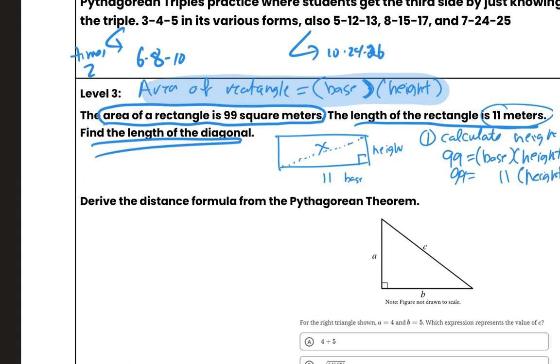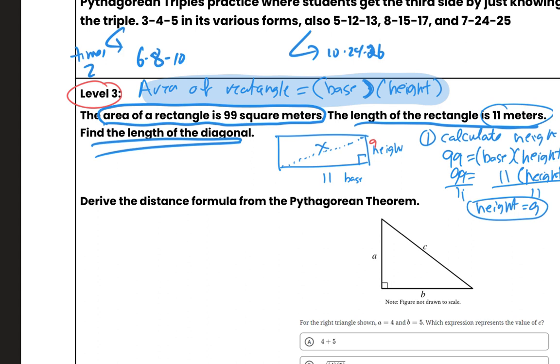If we're trying to find the height, we would divide by 11, so the height is equal to 9. The height would be equal to 9. So if that's 9, let's go ahead and draw that in. I know this is higher level than we normally practice because it's level 3, but I know you can get this.